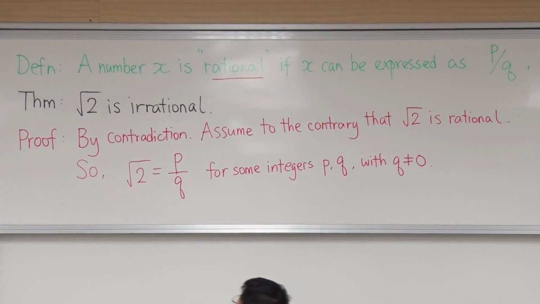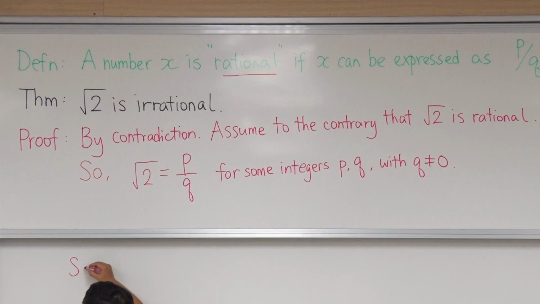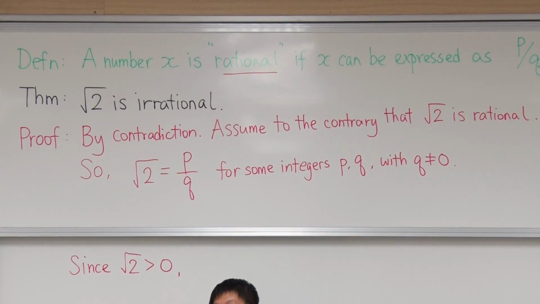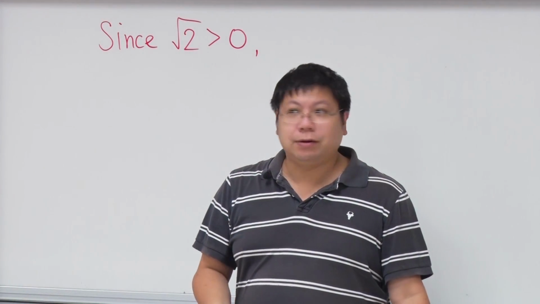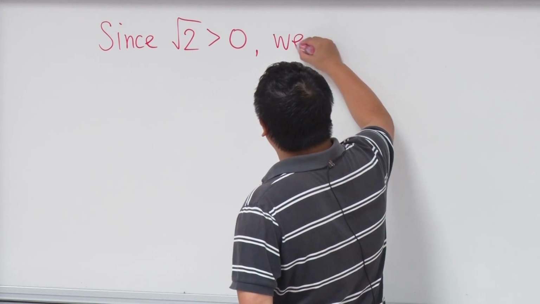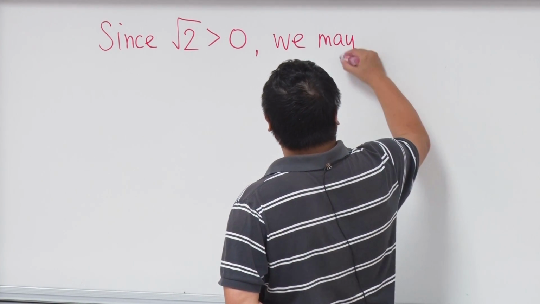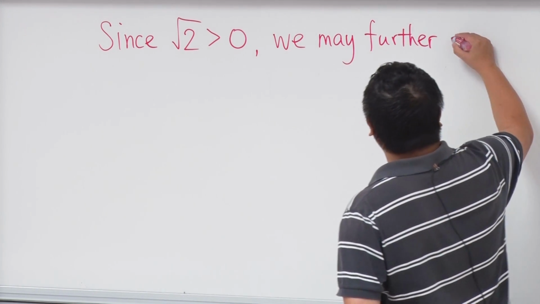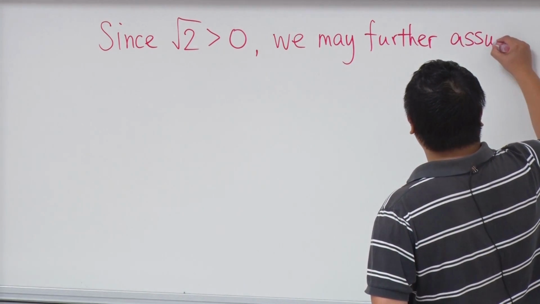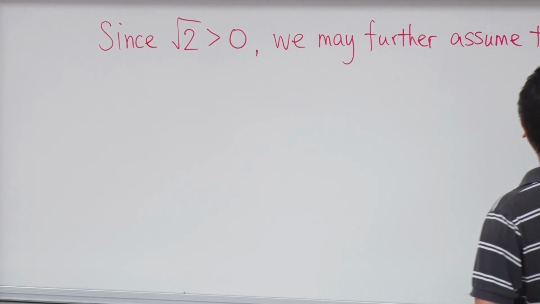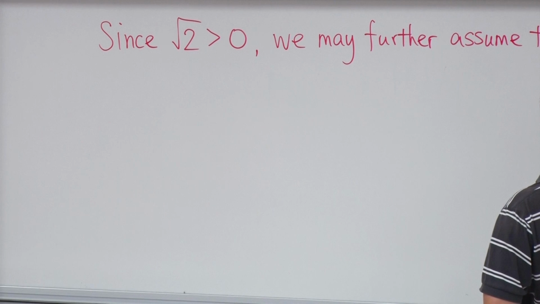Since square root 2 is positive, we may assume that p and q are both positive integers. Is that okay? Further, assume that p and q are both greater than 0.